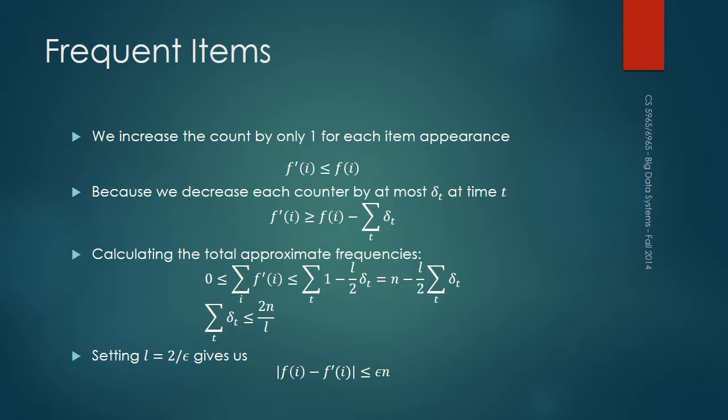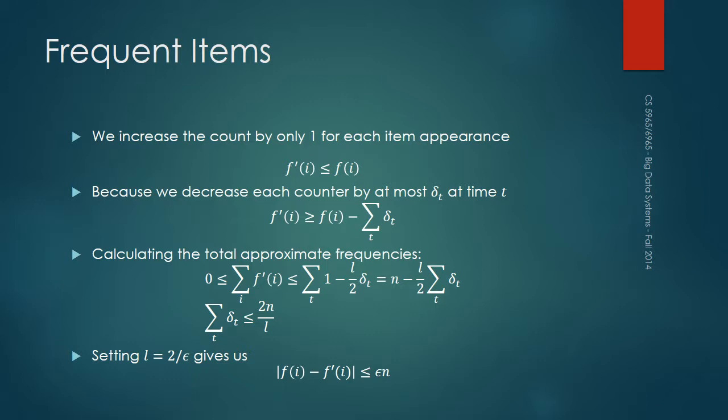At every time I'm getting one new item. On some time instances, if I'm full and have no empty columns left, I'm going to reduce the entries by delta t. Is delta t the median at that point? Yes, that's the definition.